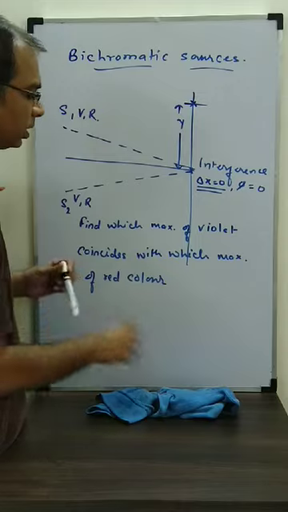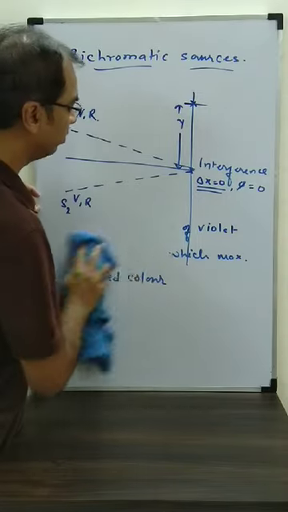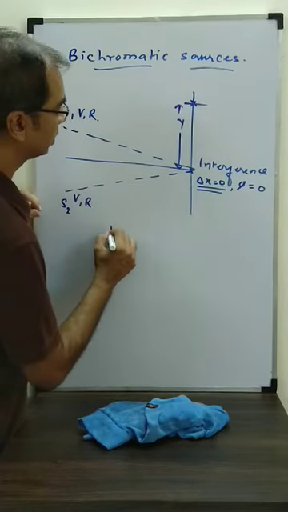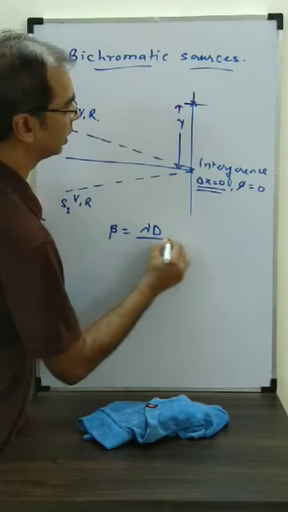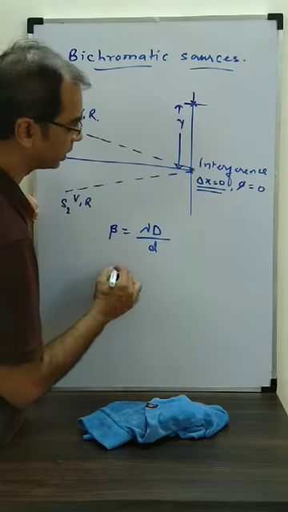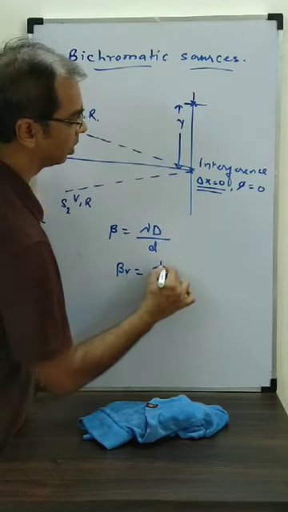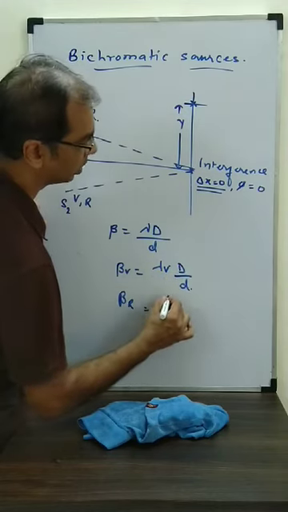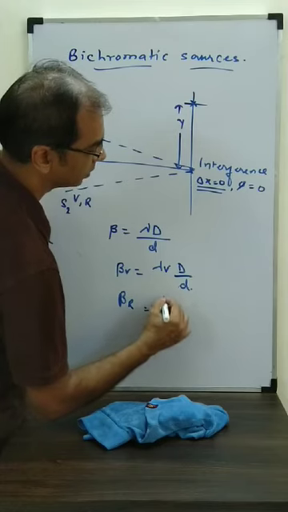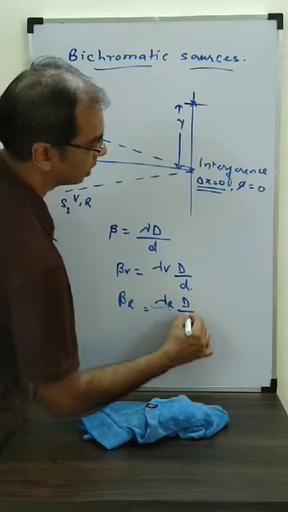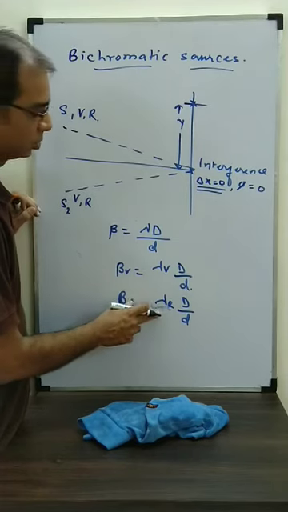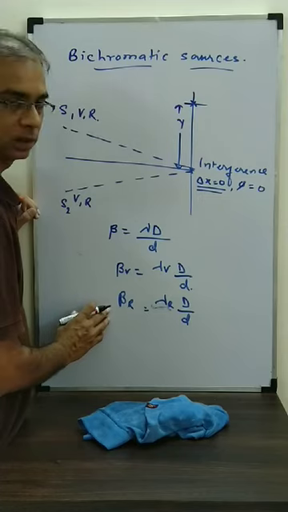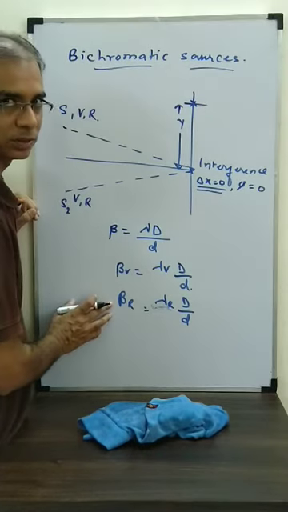Now tell me, is the fringe width of violet and red the same? The answer is no. Fringe width, beta, has the value lambda d by D. For violet, it will be lambda of violet d by D. For red, it is lambda of red into d by D. And we know that lambda of red is more, so obviously the fringe width of red is also more. Fringe width is the gap between two successive maxima.